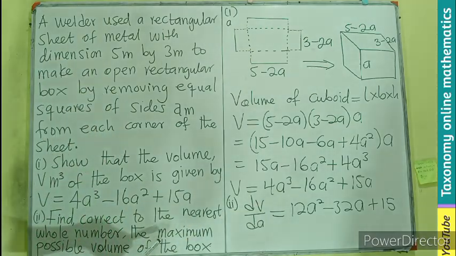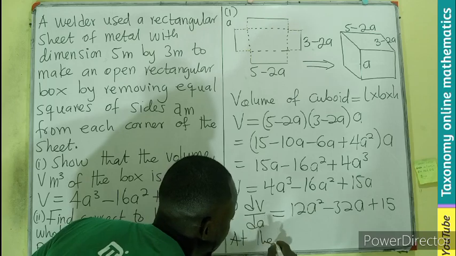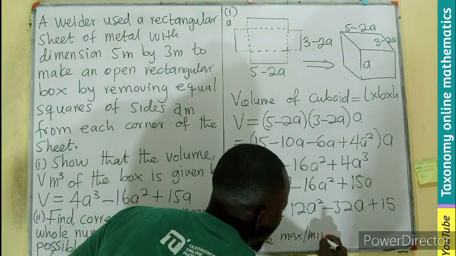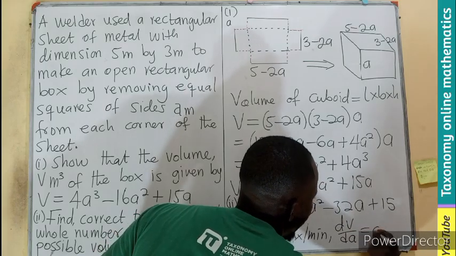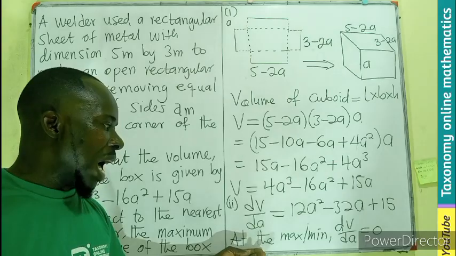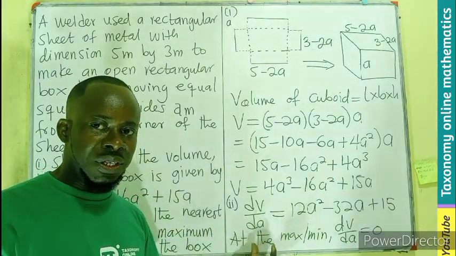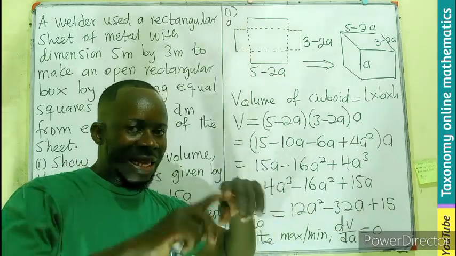But what are we looking for? We're looking for the maximum. So we can say that at the maximum or minimum, the dV/dA, that's the differentiation, the gradient or the slope, is going to be 0 at that point, at the turning point.